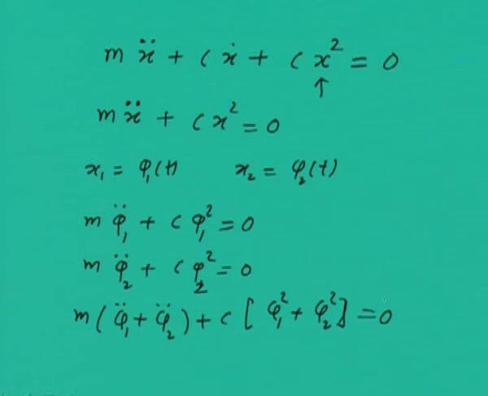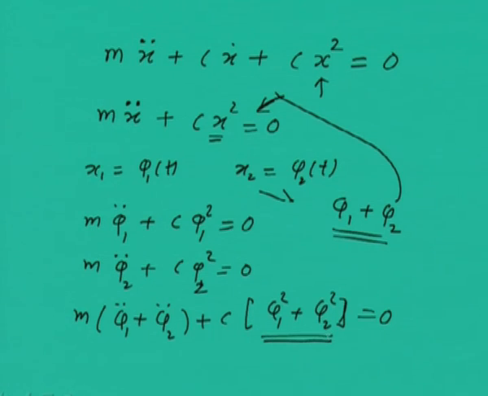You can see that if we want to substitute the general solution which we get from these two, phi 1 and phi 2, directly in this equation, then this term will give us the square of this, but here you can see there is no square of that. One term is missing, that is 2 phi 1 phi 2.